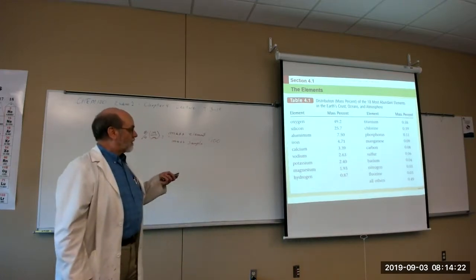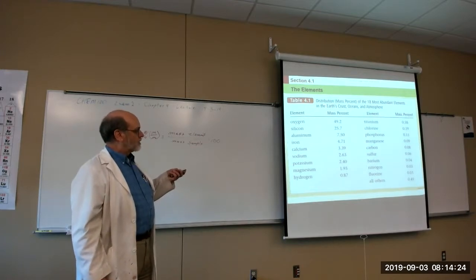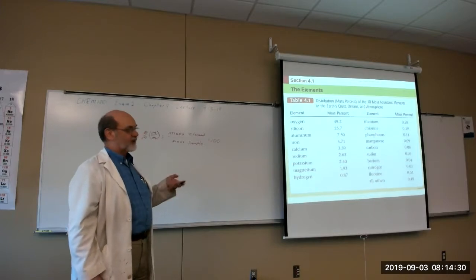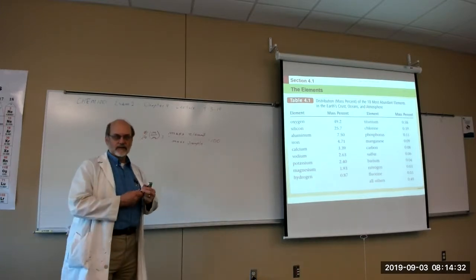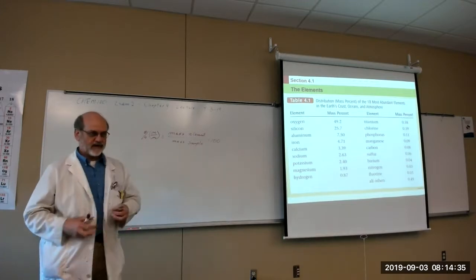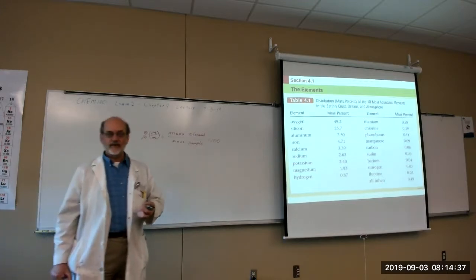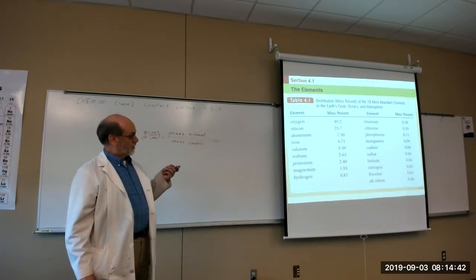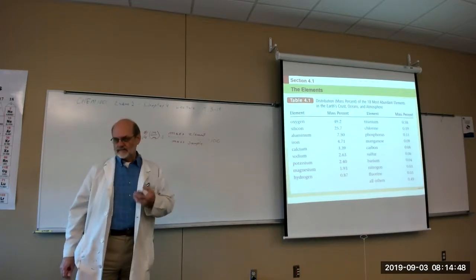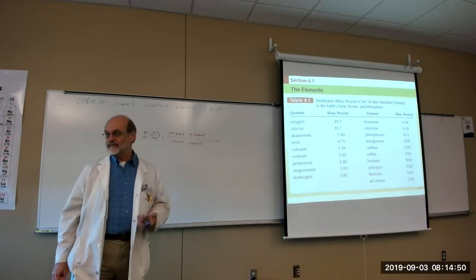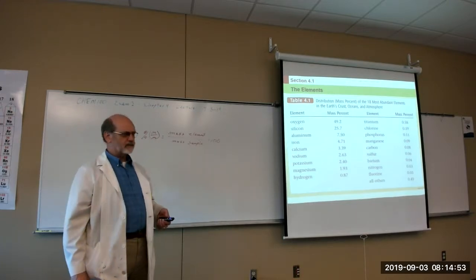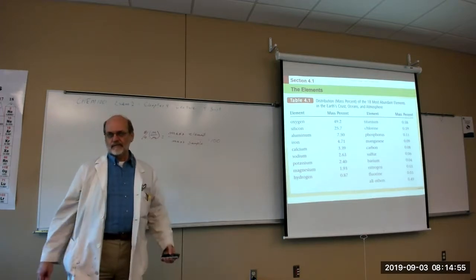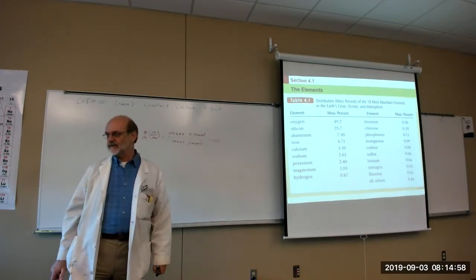So the most abundant element by mass in these 3 environments is oxygen, right? So, why do you think that is? Why so much oxygen? Well, water is 2 hydrogens and 1 oxygen, right? So you got lots of oxygen there in water. Plus the atmosphere is 20% oxygen.